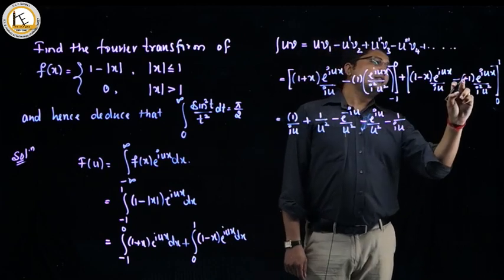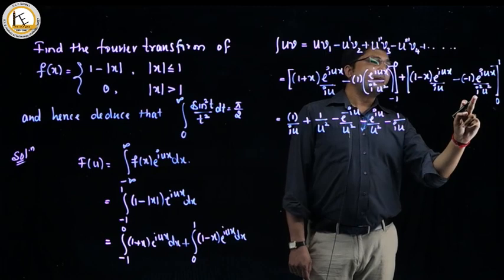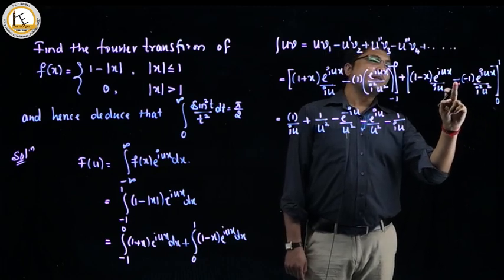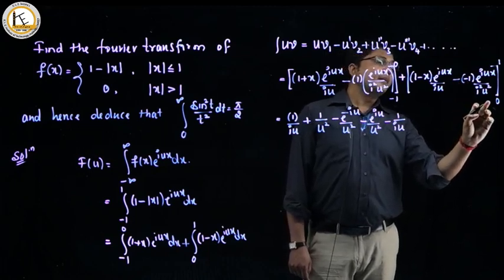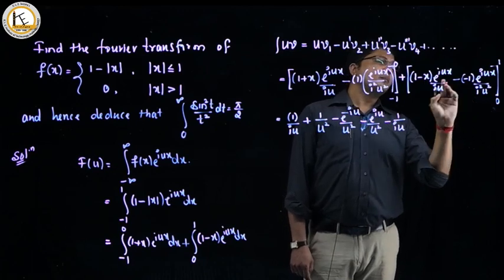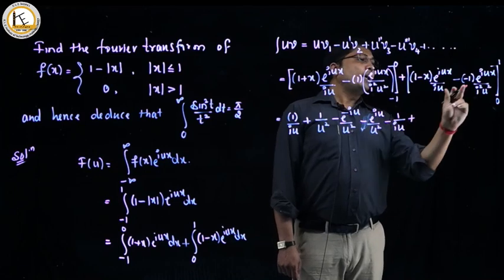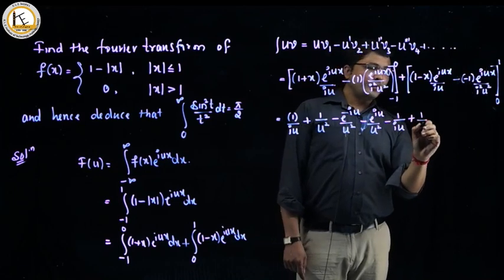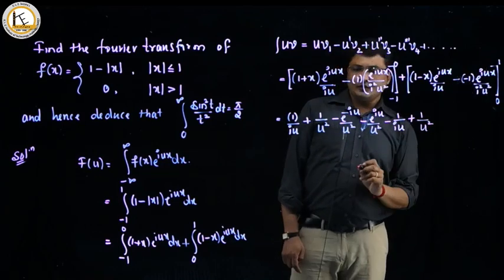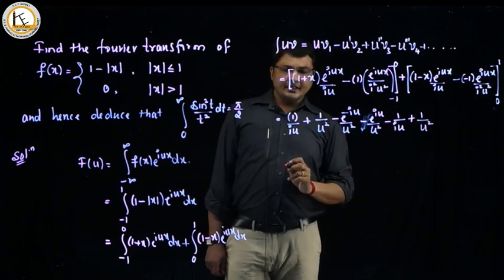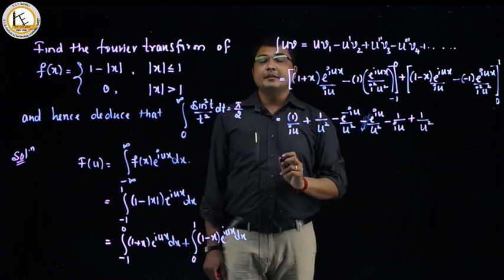And here minus into minus, again i square is minus, so 1 minus, 2 minus, 3 minus, and since we are applying the lower limit, we are going to have one more minus, so multiplication of 4 minuses will give you plus sign, and e raised to 0 will be 1 by u square. So this is the step after applying the limits here.